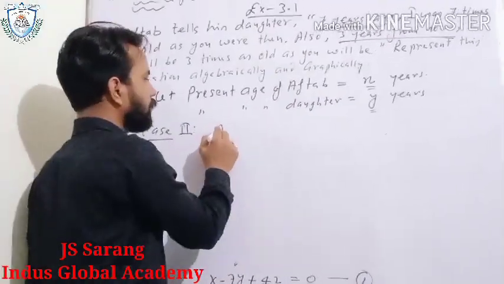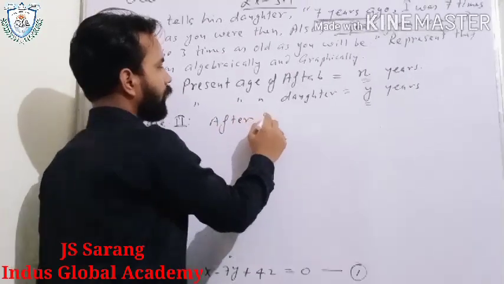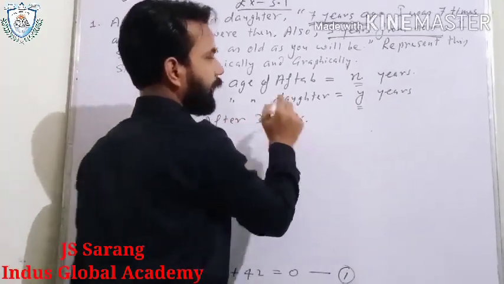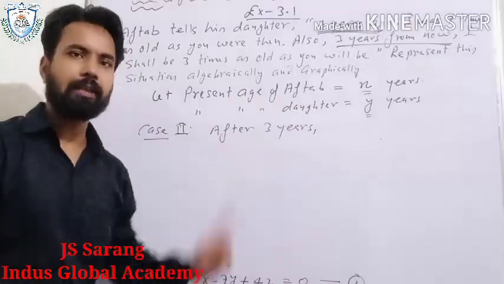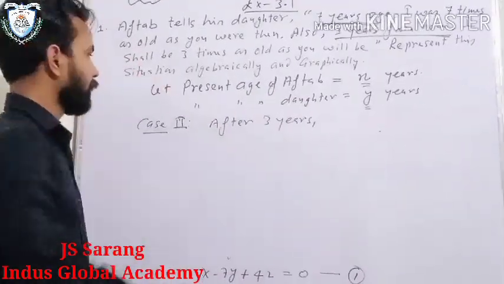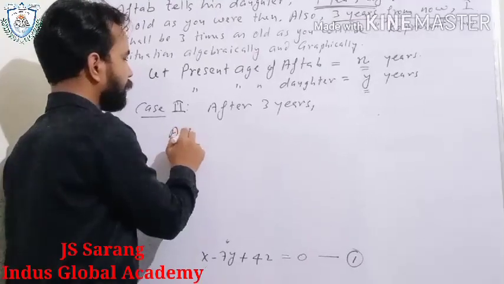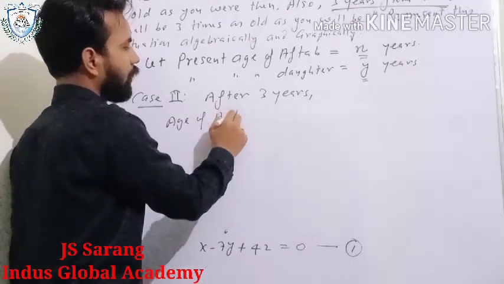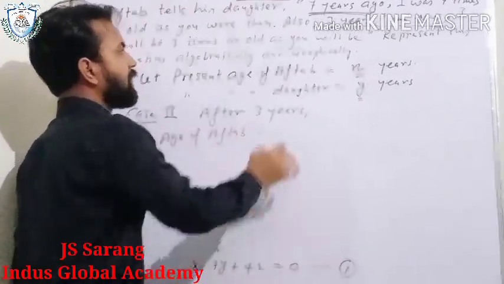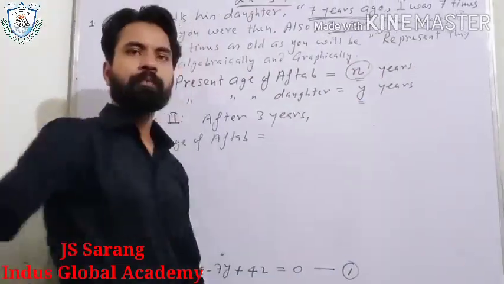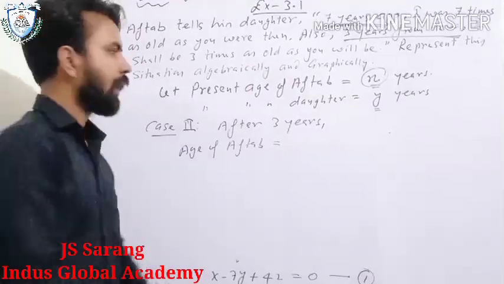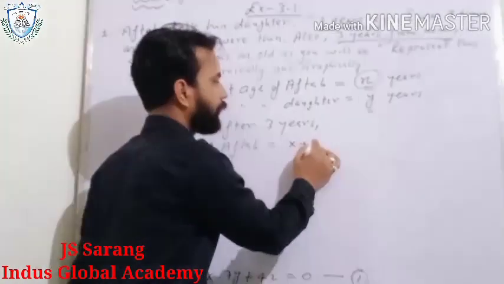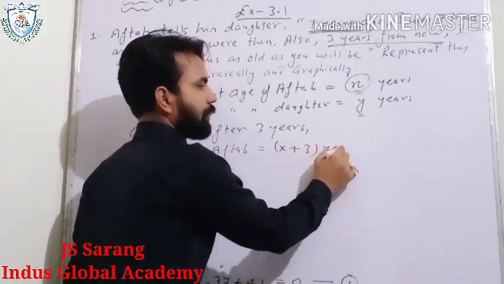So after 3 years, first of all, we have to find out the ages of Aftab and his daughter after 3 years. So, the age of Aftab. The present age of Aftab is x years. But after 3 years, his age will be x plus 3 years.